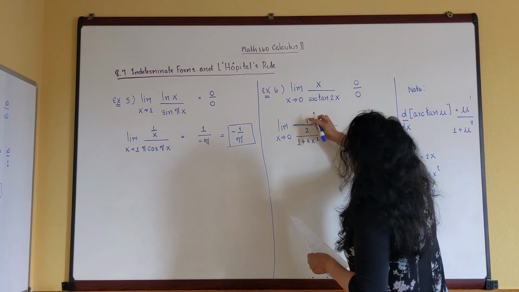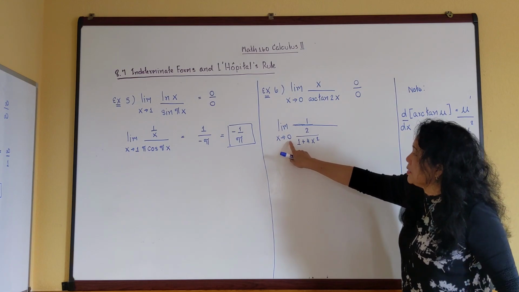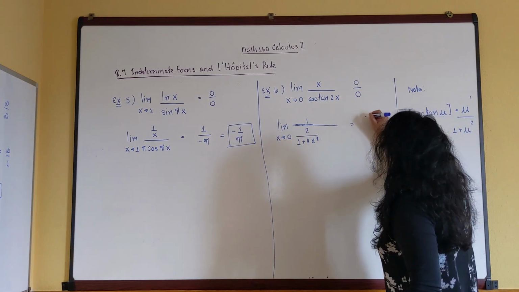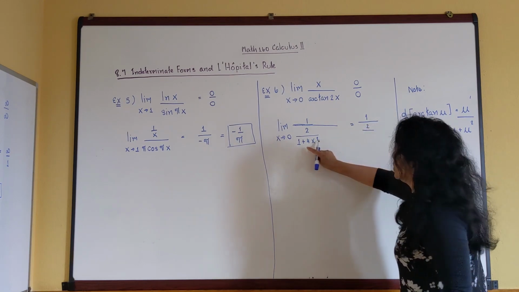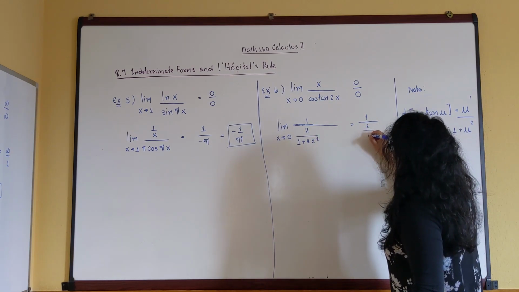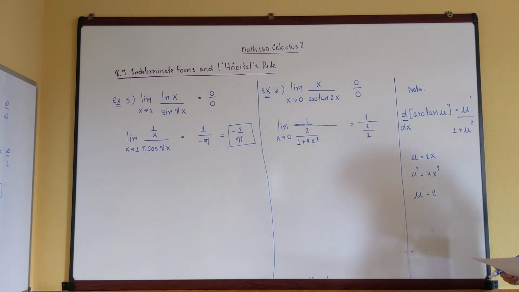This is my derivative on the numerator. If I directly substitute x equal to 0, I'm going to have 1 over 2, since the whole 4x squared term will be 0, which leaves 1. So the answer is 1/2.